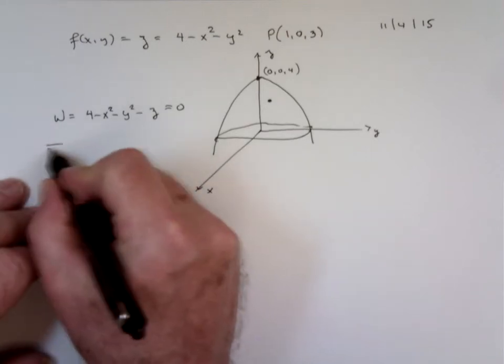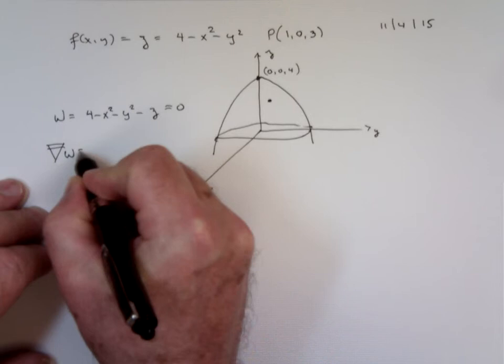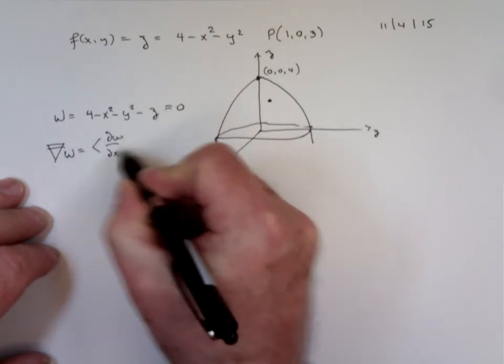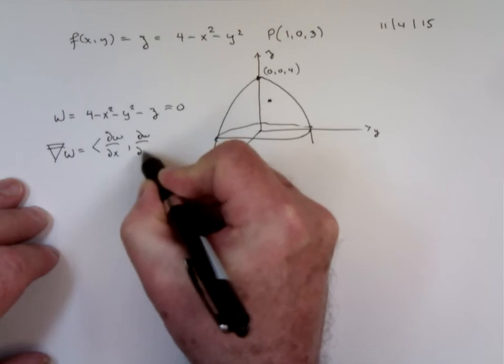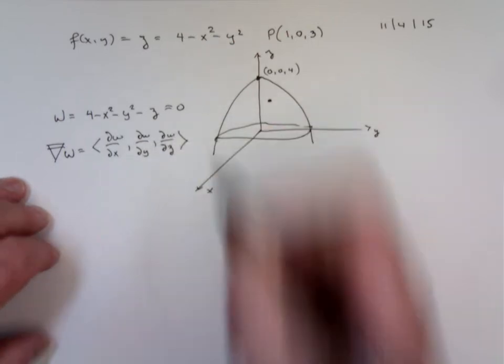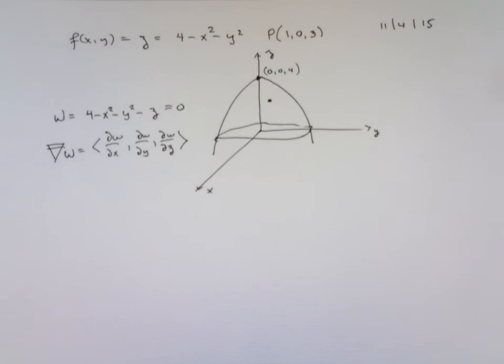The gradient to this fourth dimensional object, which is partial with respect to x, partial with respect to y, partial with respect to z, that gradient is going to be normal to its level surface in the same way that the gradient to a function of 2 variables is normal to its level curve. That's what we saw the other day.